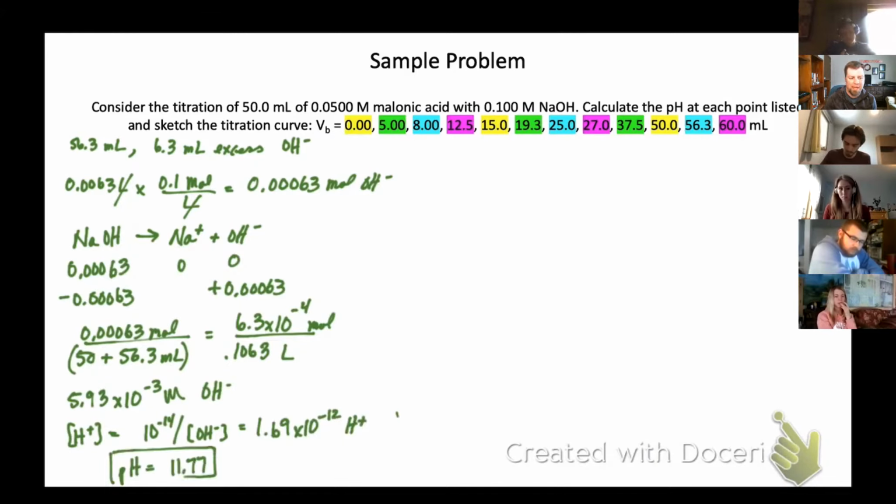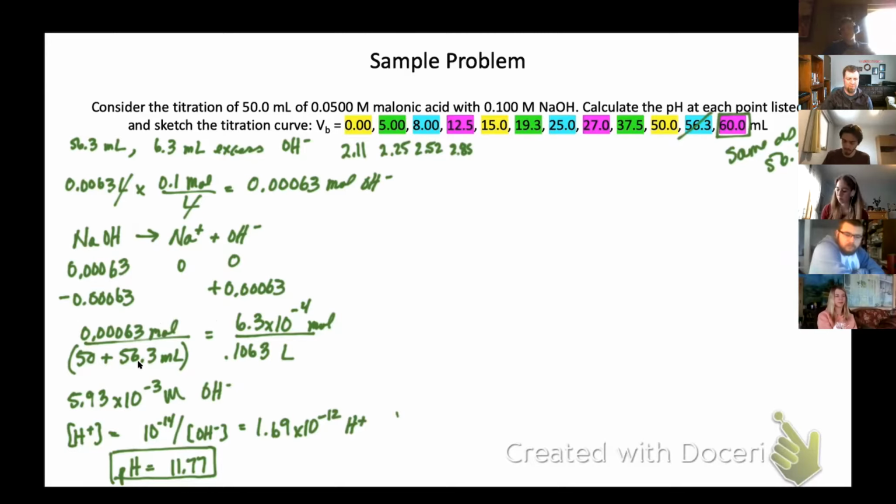So that means that in this line here, about the middle of the screen, notice that all I've done is taken my 6.3 times 10 to the minus 4 moles of hydroxide divided by the total volume, which is 50 milliliters of starting acid plus the volume that I've added of titrant.